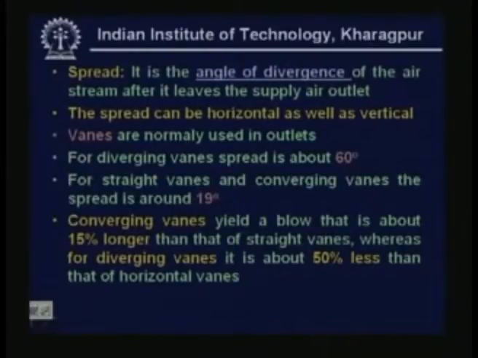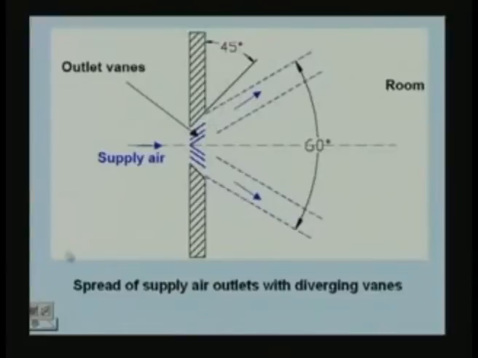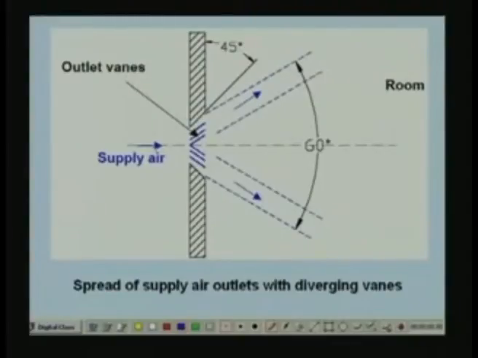Let me show the angle of divergence for a diverging vane. As I said, this is where your supply air is coming at high velocity, and this side is your room. It leaves the supply air outlet, and as it leaves it spreads. You can see that air is flowing like this.